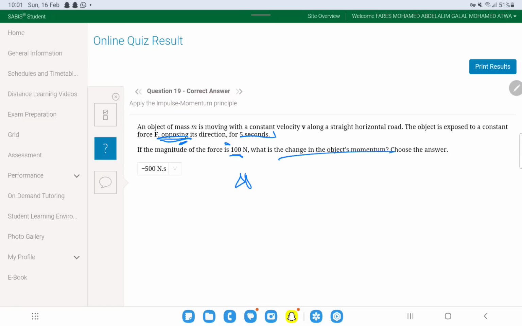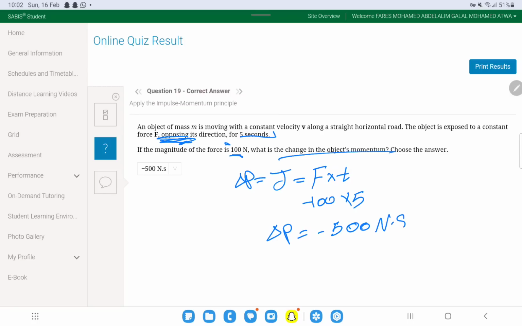So again, delta P equals J, the impulse, equals F times T. F here is minus 100 because it's in the opposing direction, times T is 5. So delta P equals minus 500, and the unit for impulse or momentum is N times second.